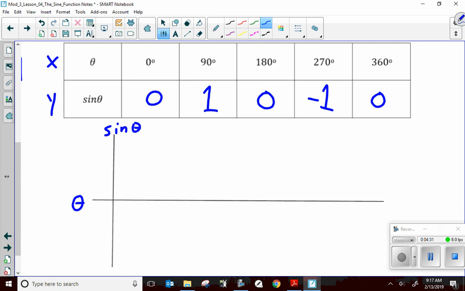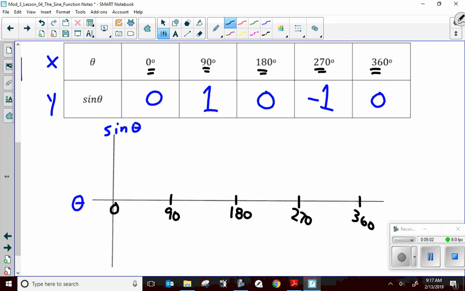So you'll notice I have 0 degrees, and I'm going to go all the way out here to 360. Half of 360 is my 180. Half of 180 is my 90. And then I go 3/4 of the way, that's 270. All right? So there you go. Those are the degrees that I have here. I just plotted them on my x-axis for my sine curve.